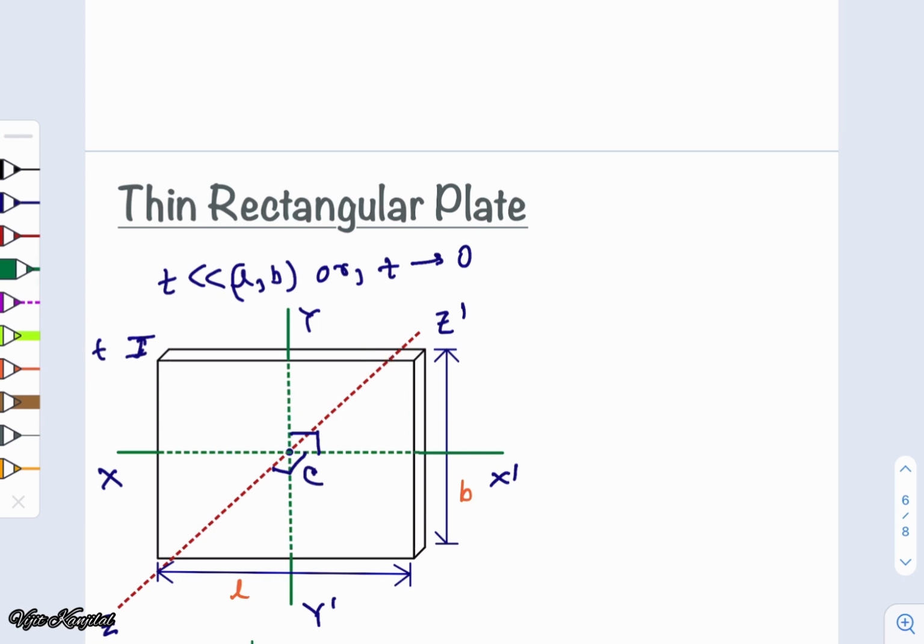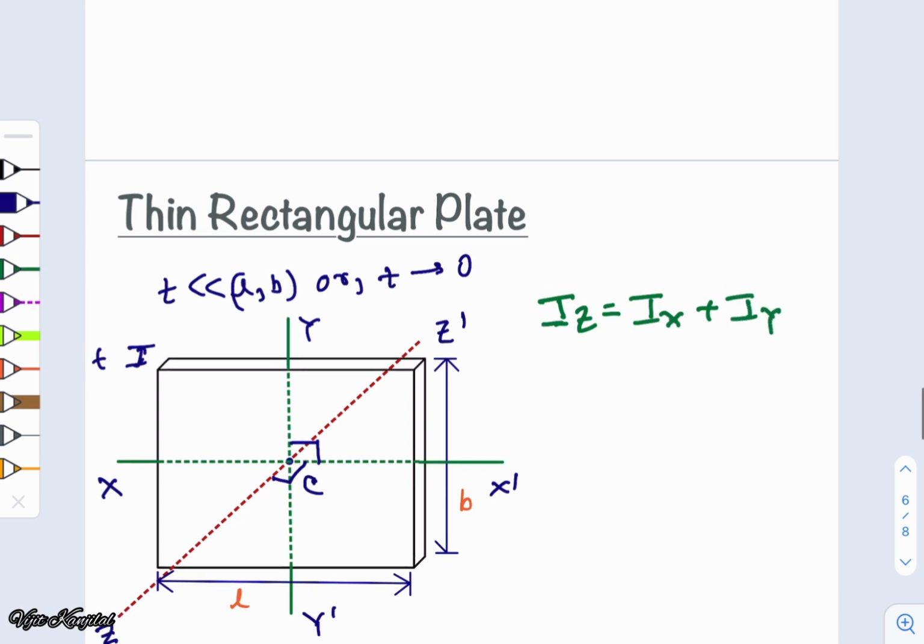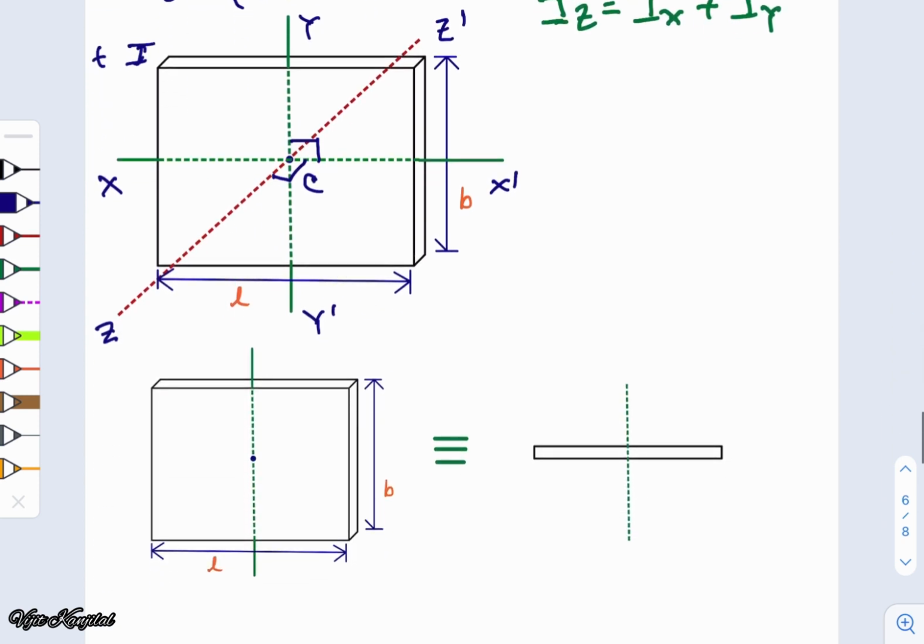So from the perpendicular axis theorem, we can write Iz is equal to Ix plus Iy. Now let us try to calculate Iy. So this is the y dash axis, this is the center.